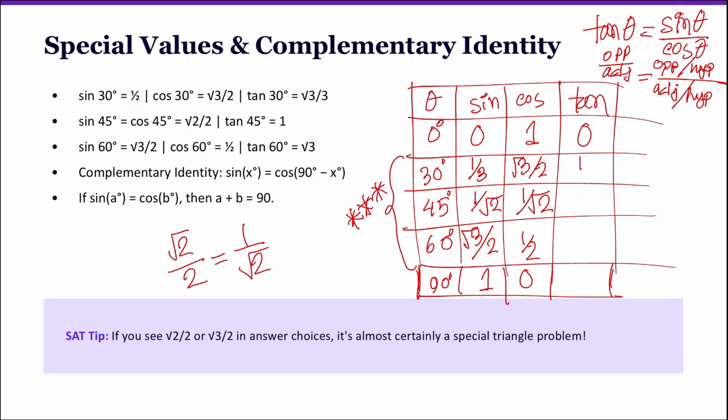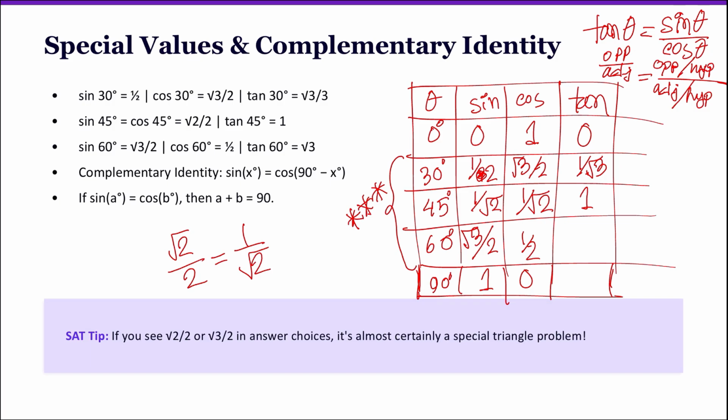So then you end up with 0, 1, 0. Over here, the 30 degree, it should be half. So the sine of 30 degrees is half, and then cosine of 30 degrees is square root of 3 over 2. So 1 half over square root of 3 over 2, you end up with 1 over square root of 3.